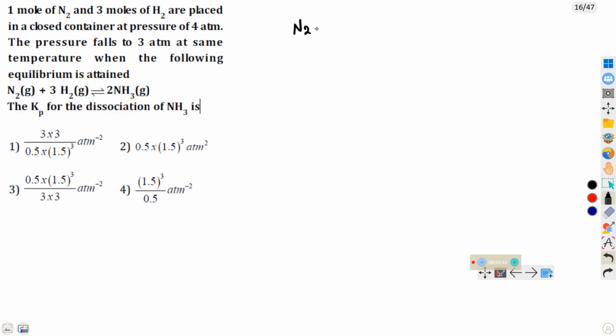N2 plus 3 moles of H2 gives rise to 2 moles of NH3. Initial concentration 1, 3, 0. If X amount of the substance is dissociated, then 1 minus X, 3 minus 3X, 2X.